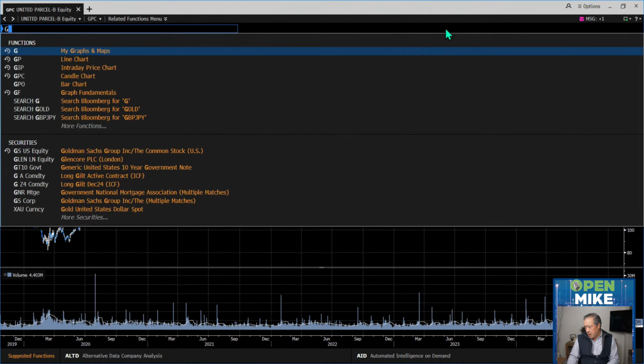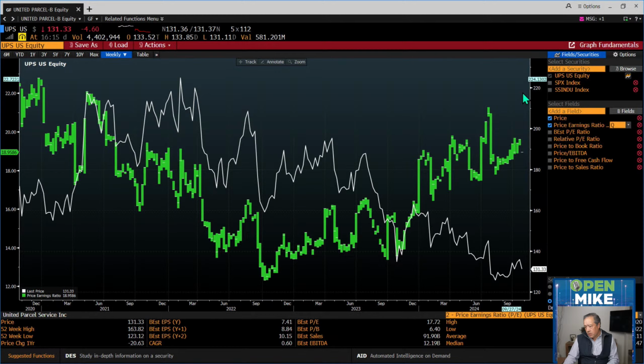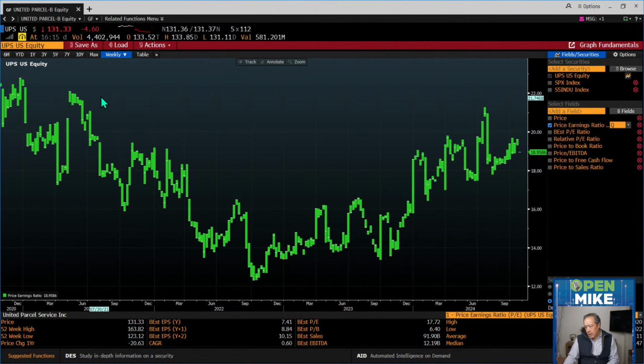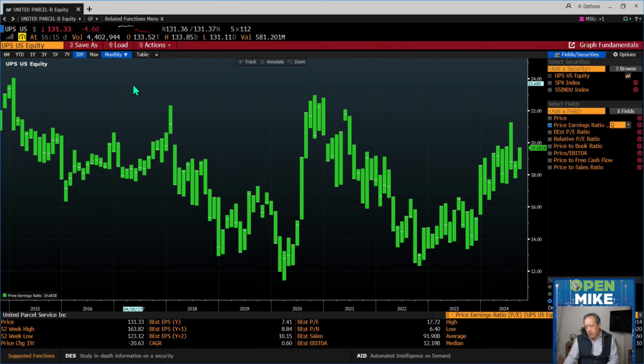We can take a quick peek at the multiples on a historical basis. How are we doing there? It's obviously cheaper than the market, but that's actually been true for some of these companies. I also will say we saw a real bifurcation in the transports last week.